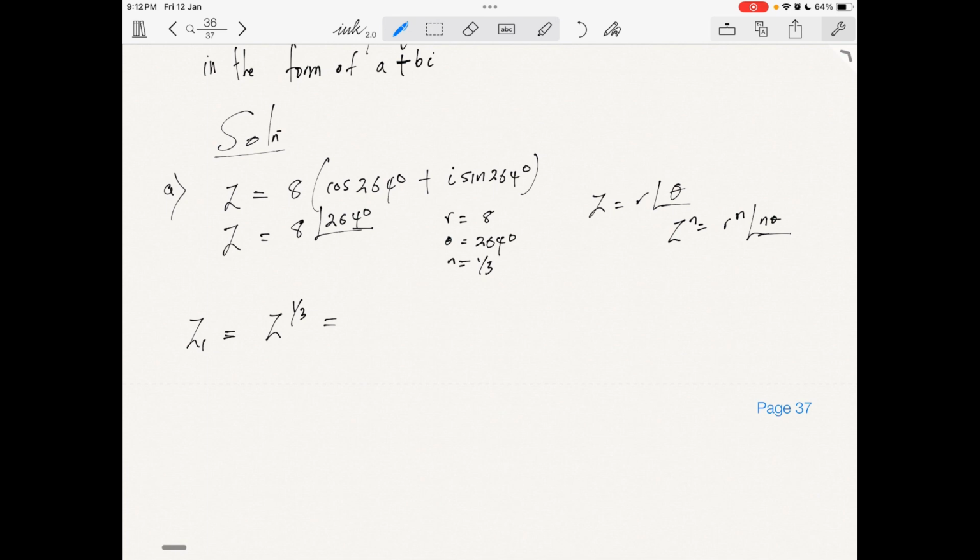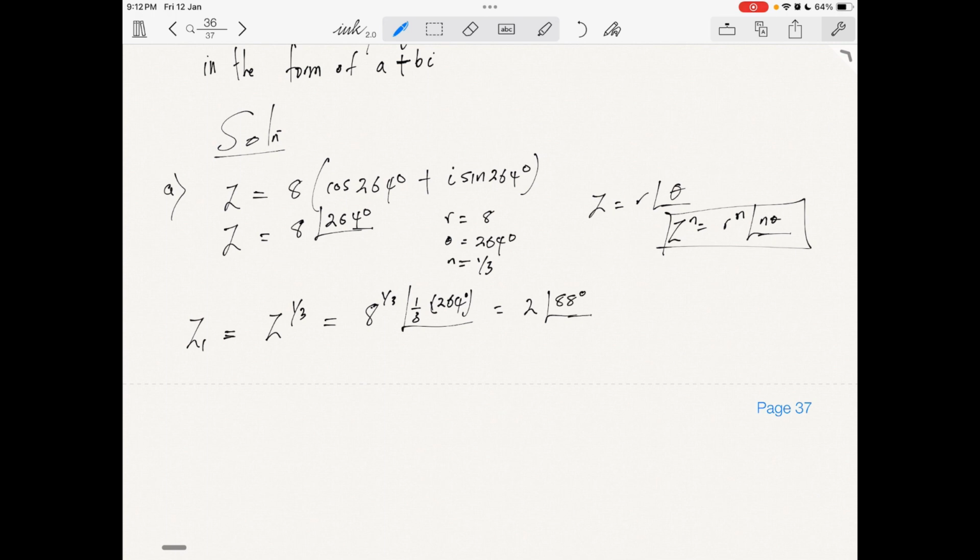Following this formula, that gives 8 raised to power 1 over 3, arg 1 over 3 multiplied by 264 degrees. In essence, this will give us 2, and 264 degrees divided by 3 is 88 degrees. That's 2 arg 88 degrees.